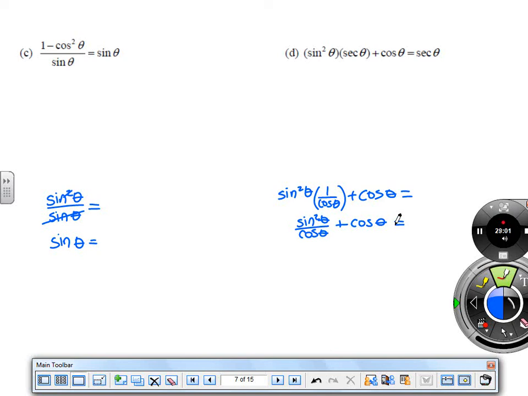Matt? Could you do sine squared theta plus 1 over cosine theta? You mean to substitute for this? Yeah. So first, I think that you already took one. So did you already think about this as a fraction? Okay.